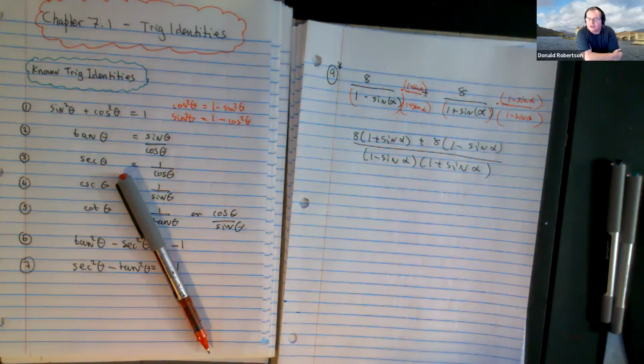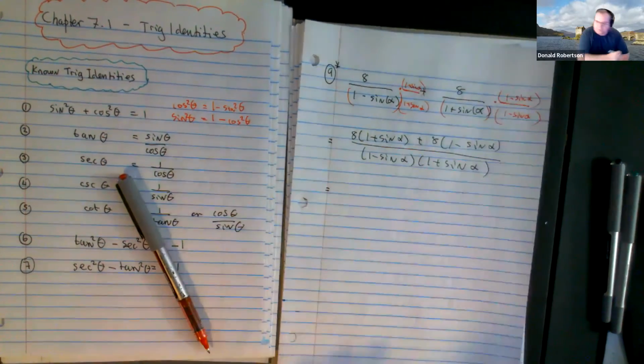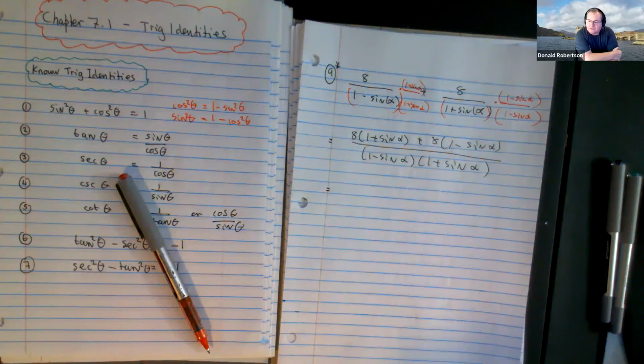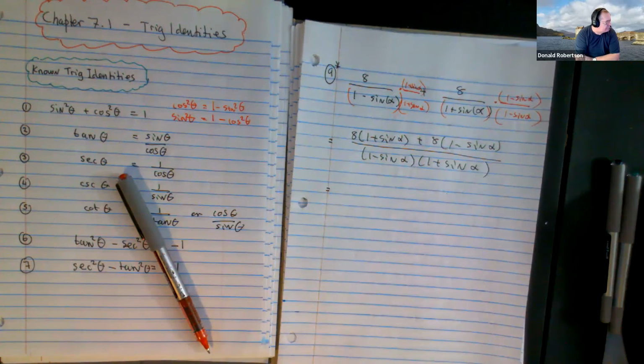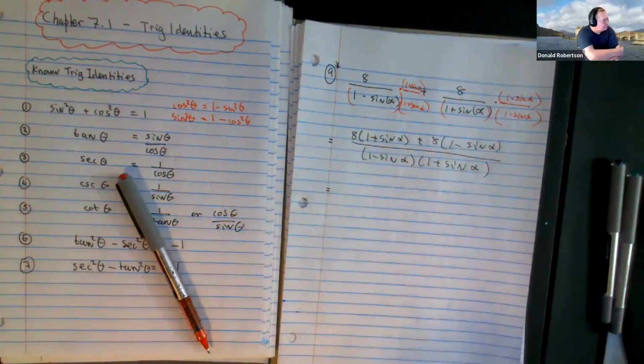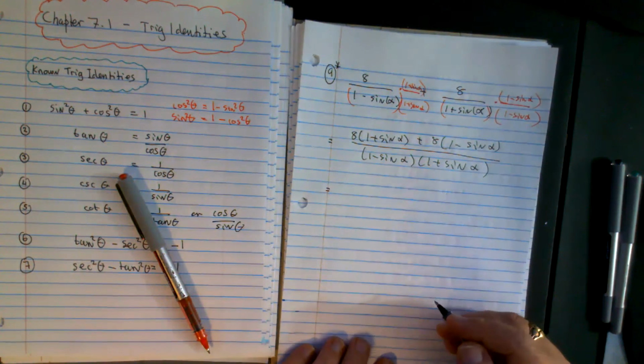What do you think we should do next? Well, sometimes it has to get uglier before it gets nicer. What should we do next? You could combine the top two.